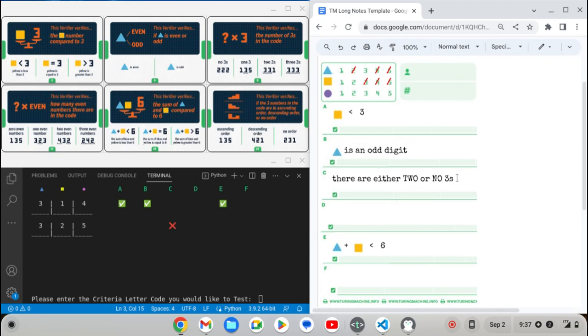It didn't like the fact that I have 1 in my proposal, so that just leaves us with either 2 or no 3s. So what would that look like if it was no 3s? Wow. Okay, well, let's go ahead and test now criteria card D, the number of evens.